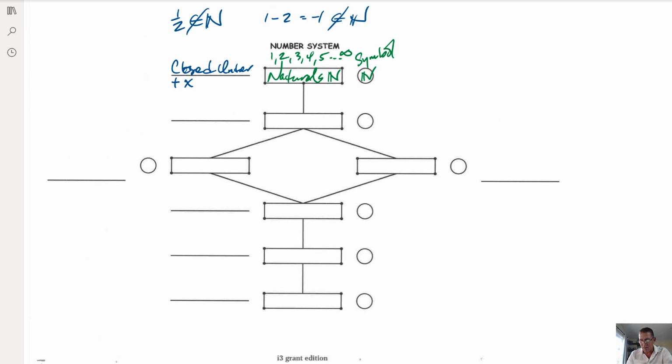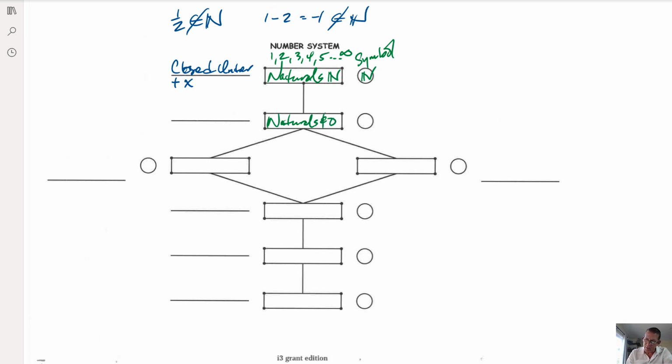Now, the number system had to get bigger over time because, believe it or not, 1 minus 1 is 0, and 0 is not a natural number. So let's throw 0 in the mix, and let's talk about the set of natural numbers including 0. We're going to put the naturals here, and 0.